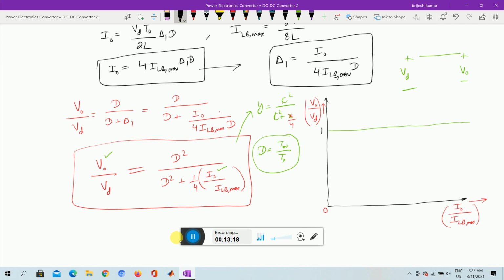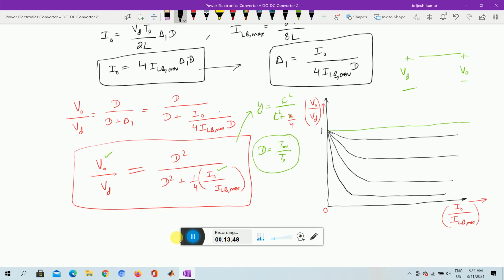Then again, if the value of d is 0.9, there is a small curve over here, then it will be a straight line. Similarly, for different values of d, we'll have the curve sloping downward, and then a straight line like this.